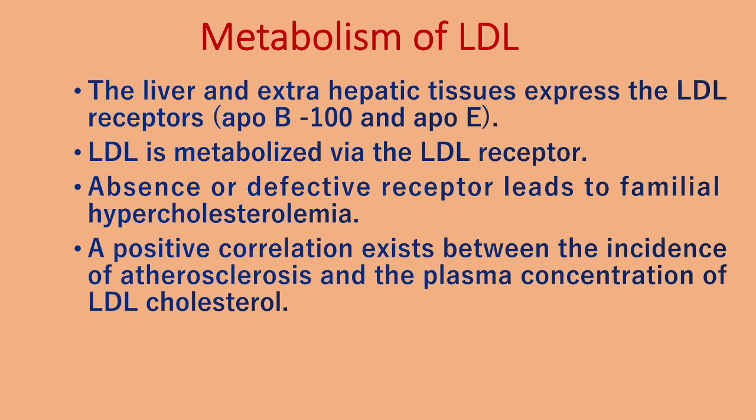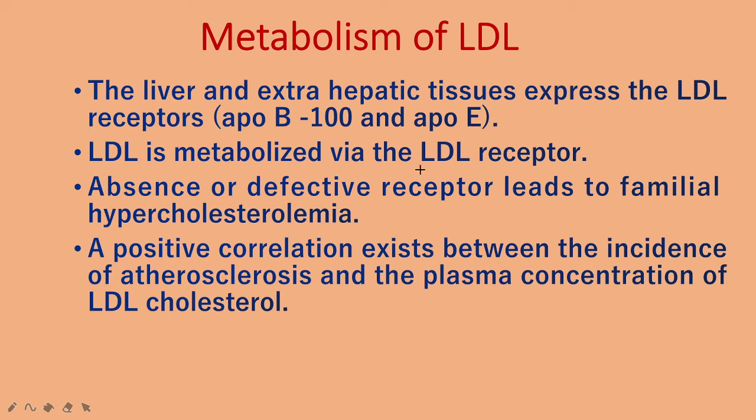After binding to that receptor, which is specific for apoprotein B100, the receptor LDL complex is taken up by endocytosis. This is how it gets metabolized. The liver and extrahepatic tissues will express more of these LDL receptors specific for ApoB100 and ApoE.